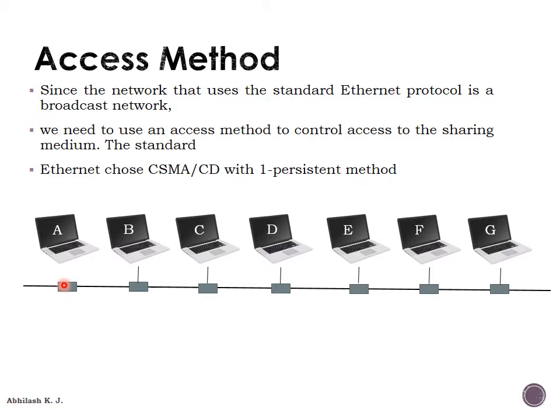Thus, it continuously monitors the medium until the medium becomes idle. That is the principle behind the one persistent method along with CSMA/CD. Here they have considered a time duration of 100 microseconds. Once the station finds the medium idle for around 100 microseconds, it starts sending the frame.